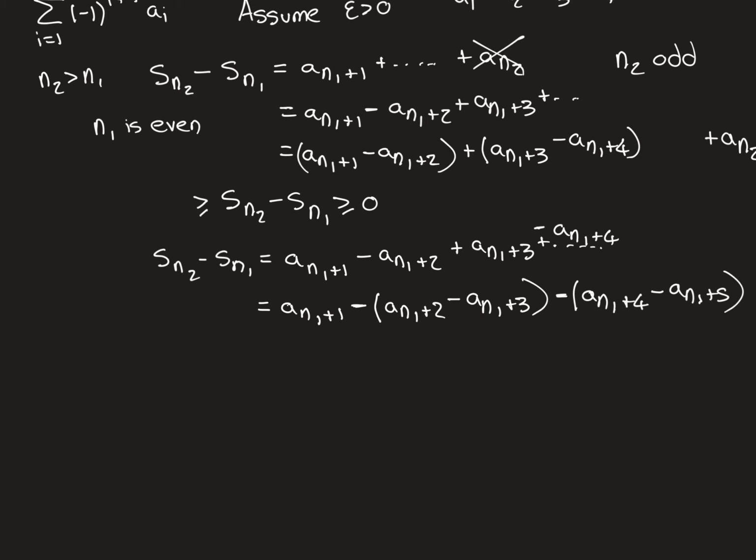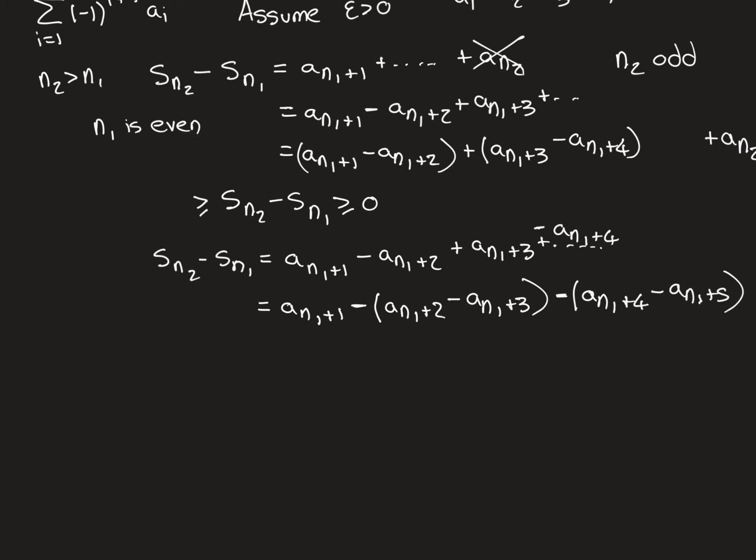And as I was just saying before, if overall the number of terms you've got is odd because the n2 was odd, that means that everything's going to be in brackets like this. After this one, this is going to be the only lone term, which is fine, and then all the things after are going to be in brackets, and they're going to be subtracting off positive values.